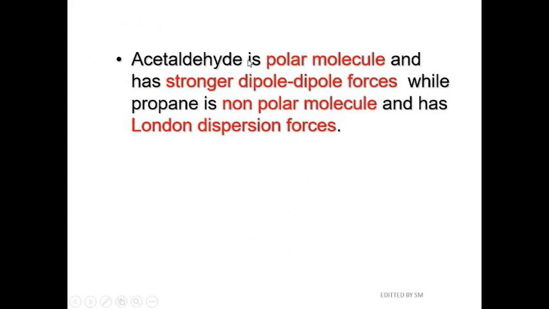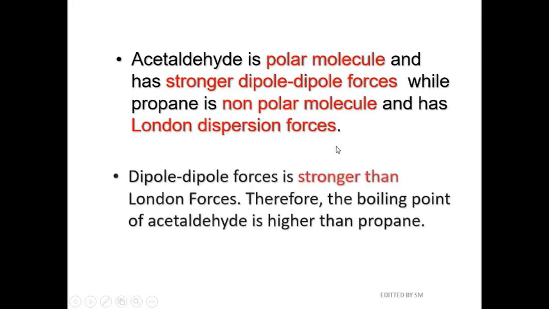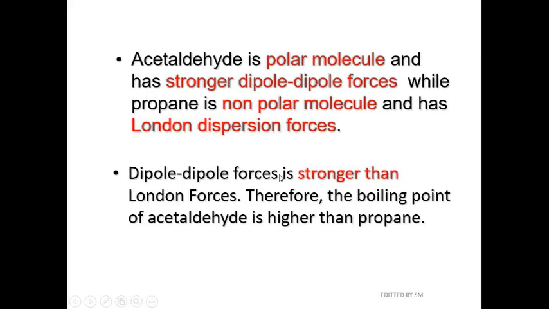Because acetaldehyde is a polar molecule and has stronger dipole-dipole forces, while propane is a non-polar molecule and has London dispersion forces. Dipole-dipole forces are stronger than London forces. Therefore, the boiling point of acetaldehyde is higher than propane.